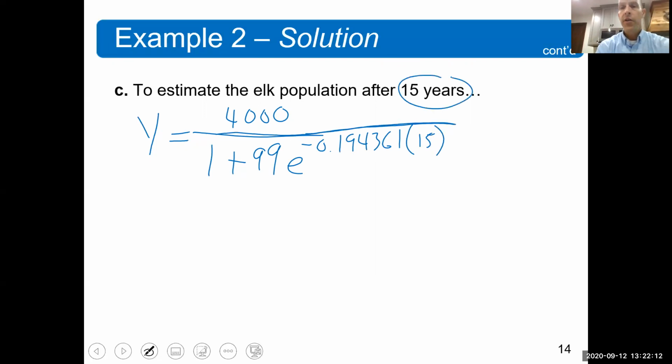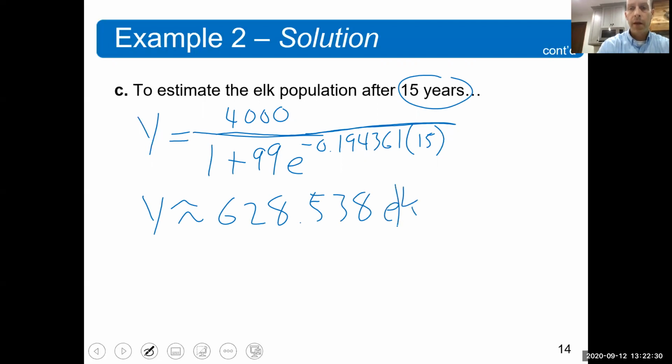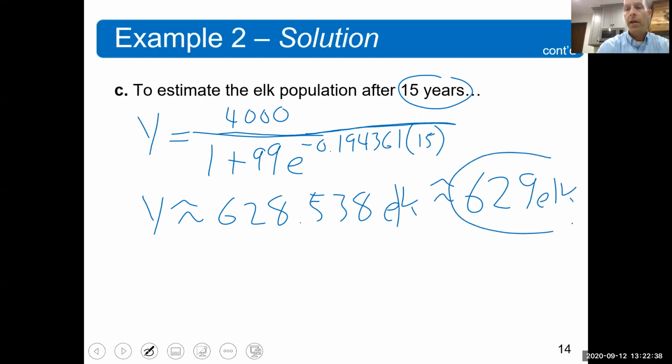So now we can use our solution to estimate the population after 15 years. And again, I've already done that. When you work this out, you will get 628.538 elk. So I would estimate about 629 elk at year 15.